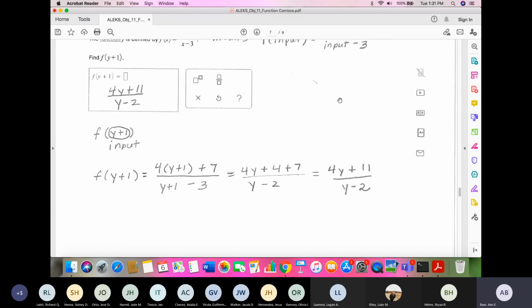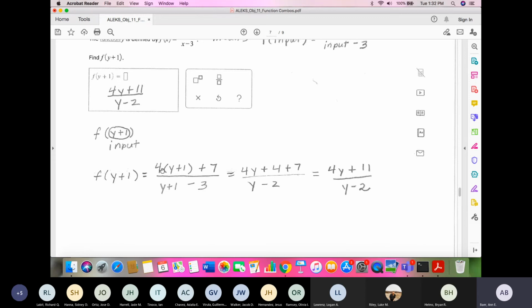Factoring is really important for that reason because we can cancel factors. We just can't cancel terms. And in addition, according to PEMDAS, a fraction bar is incorporated in that P. So we want to work with the numerator separate from the denominator, and only at the very end consider if there's any cancellation that we can do.